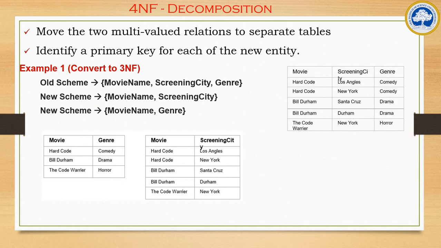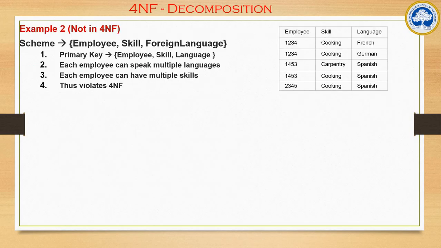So how is the decomposition applied? We move the two multi-valued relations into separate tables, and then identify a primary key for the new entity. So the schema movie name, city and genre is divided into two: movie name and city, and movie name and genre. If we divide like that, we can avoid the many-to-one relationship among the attributes. Another example: employee name, skill and foreign language.